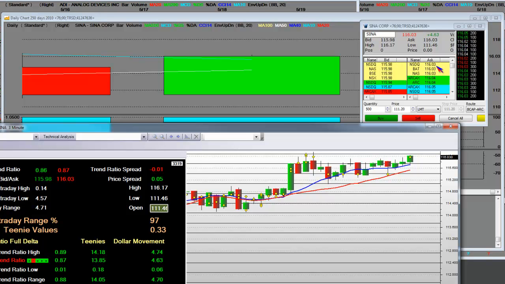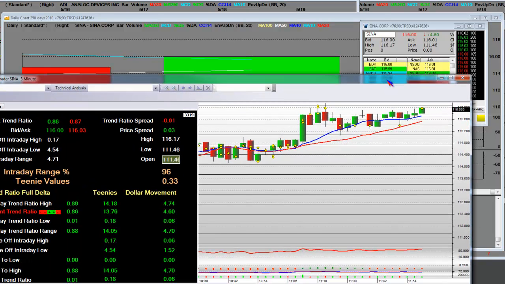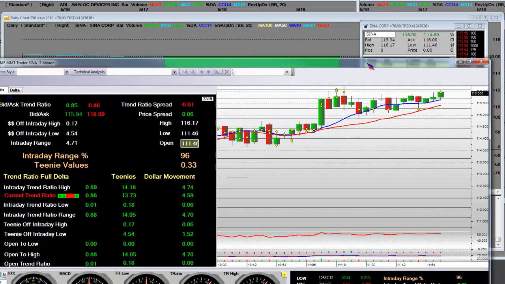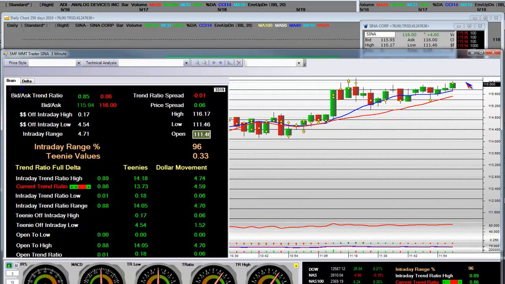And you can see the 116.03s printing. You can see that this daily bar is much greater in value today than the previous daily bar. On a 3-minute level, using the SMF market maker application, you can clearly see here that we are burning at 96, and we're burning up here up at that teeny action price line right into resistance.